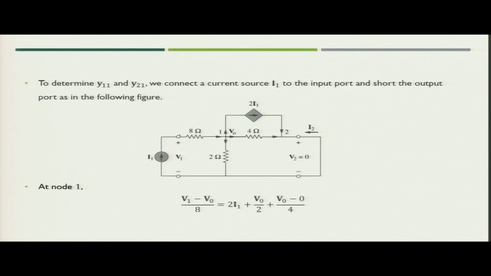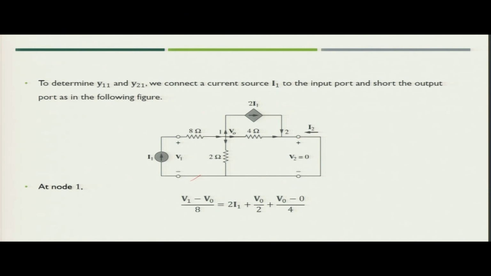We will first apply a current source, that is I1, at the input port, and we will short circuit the output port, that is the right side port of the 2 port network, and we will find out the values of admittance parameters.